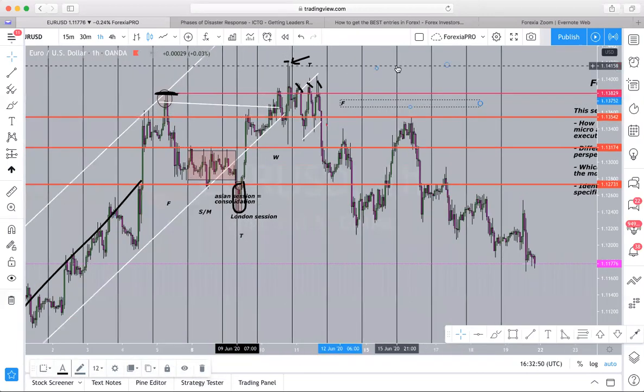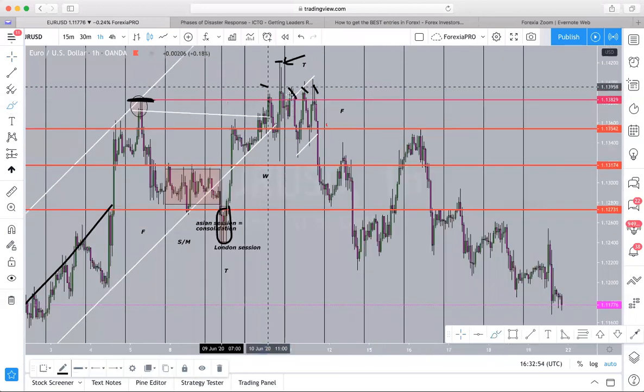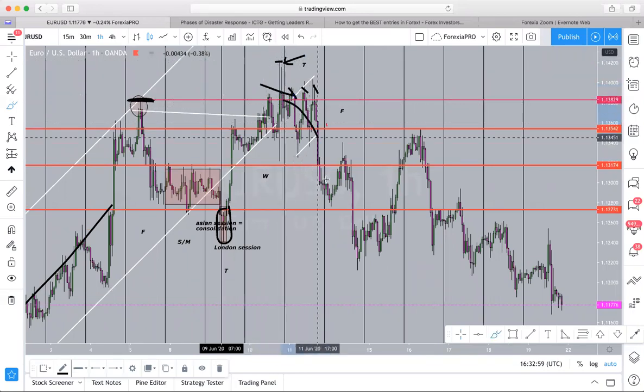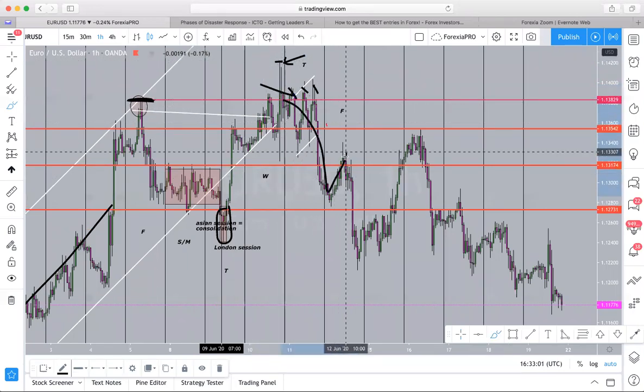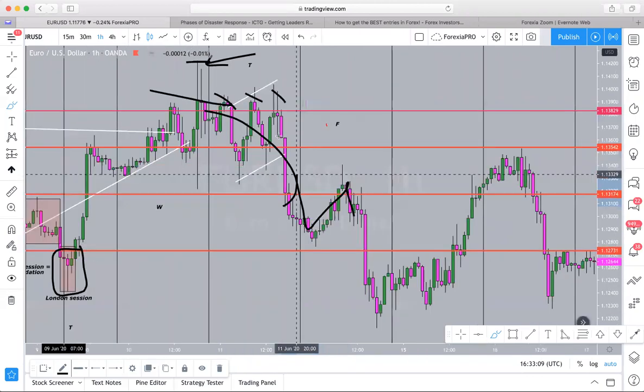What I personally do is, let's say we got in here. Our stop loss is up here. Price drops and it's here. I wouldn't move my stop loss until price makes this move.